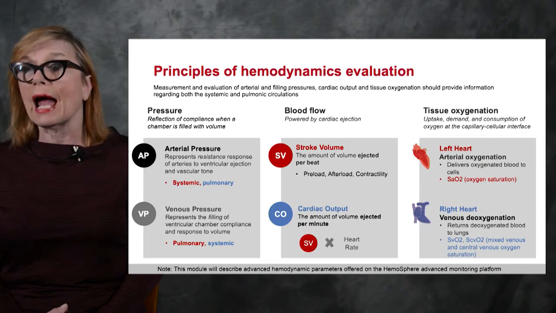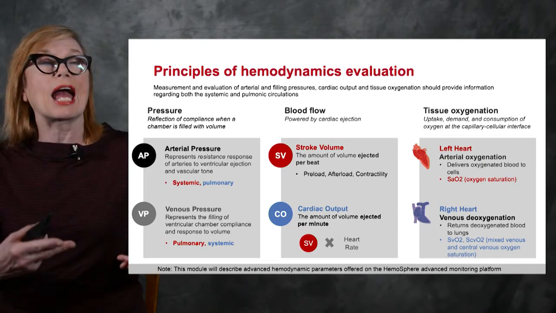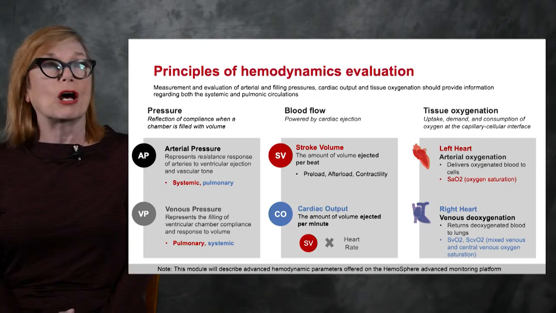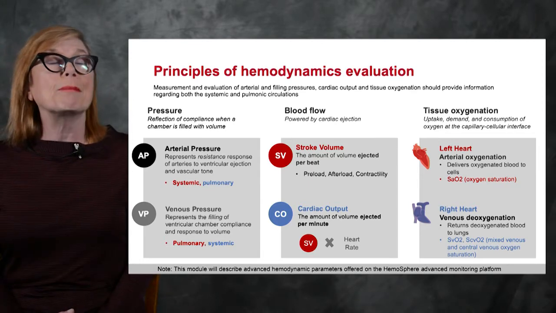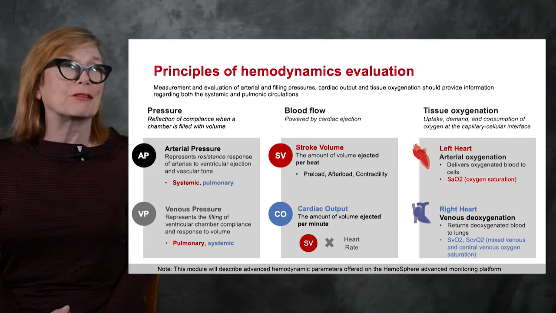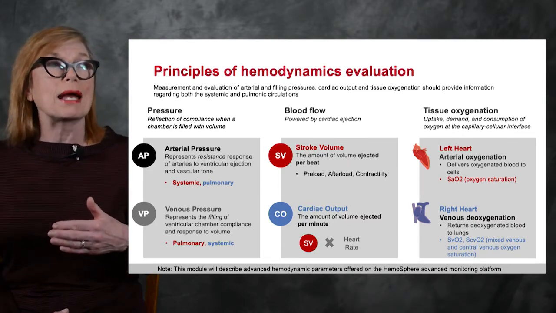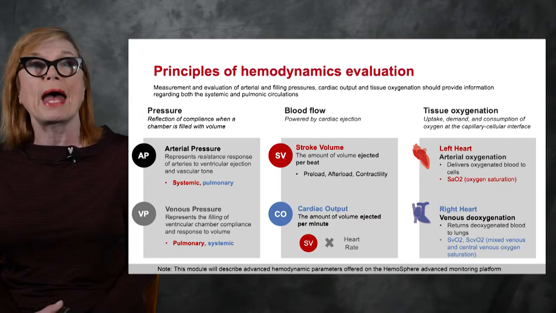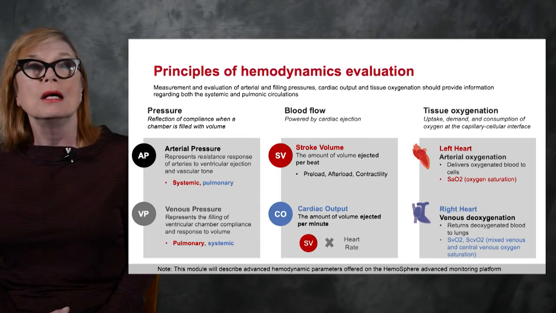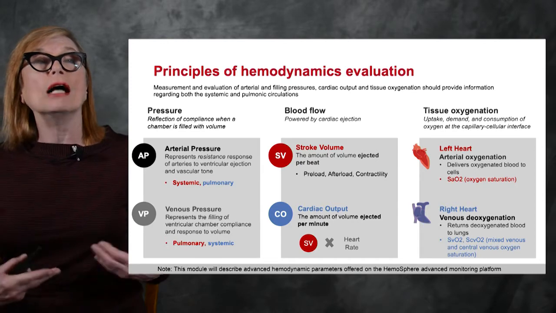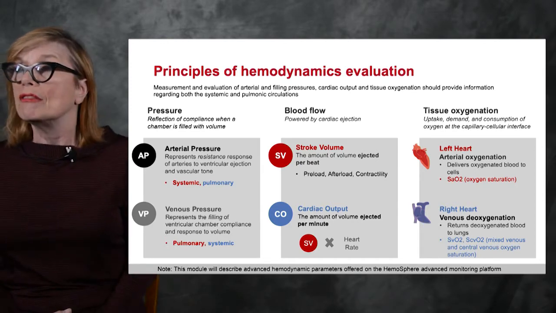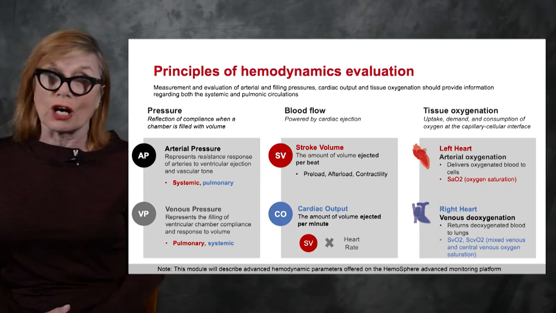The left heart actually propagates and ejects a volume that drives blood flow to the systemic tissues, to the cellular tissues. And we best evaluate basic arterial oxygen, the oxygen present in the systemic arterial bed, as SaO2. Our right heart ejects volume into the lungs, and because it ejects volume into the lungs, this is where oxygenation, of course, occurs.